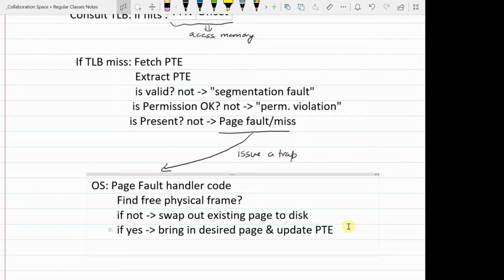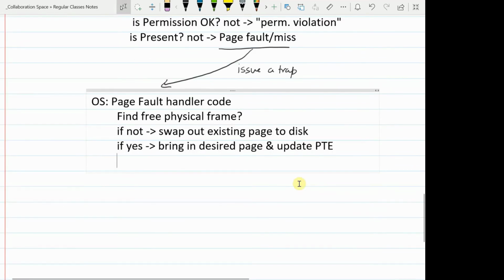If it is not there, it will have to swap out an existing page to disk using a page replacement policy, which we are going to discuss in the next class. Once it has swapped out a page and made space available in RAM, it will bring in the desired page from the hard disk, update the page table entry, and return from the trap, and the hardware will retry the instruction.